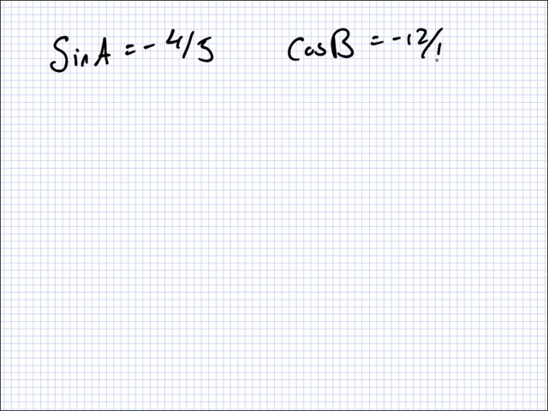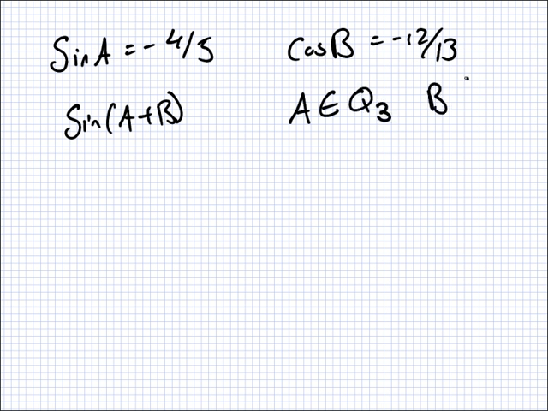Alright. Now, next one. Okay, so sine A equals minus 4 over 5 and cos B equals minus 12 over 13, and I want sine A plus B, and I tell you that A is in quadrant 3 and B is in quadrant 2.